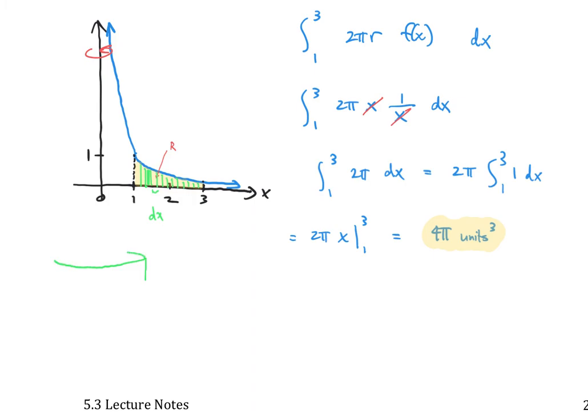Try to draw it symmetric on both sides of the y-axis, kind of comes like this. Okay, and it has a little bit of thickness. So let's indicate a little bit of thickness like that. So that's the shell that we were drawing, and the radius of that shell is given by x, and the height of this shell is given by 1 over x.